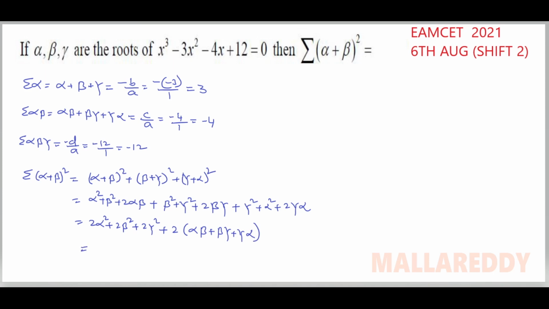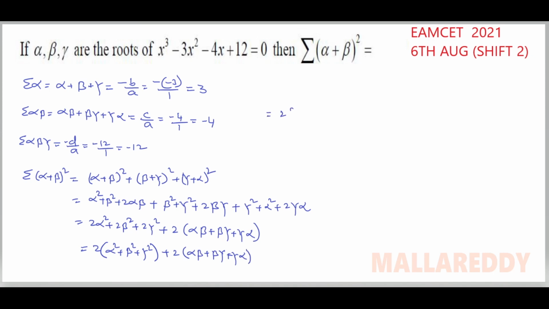That is equal to, taking 2 common, 2 into (alpha² + beta² + gamma²) plus 2 into (alpha beta + beta gamma + gamma alpha).